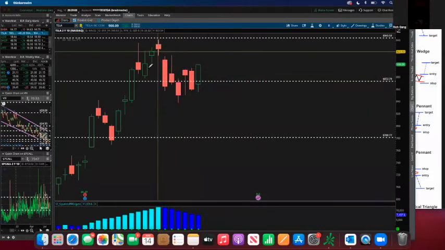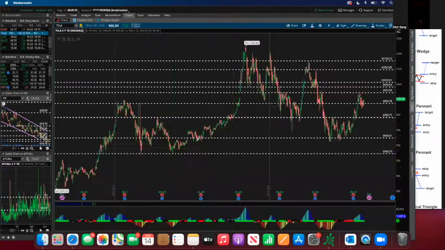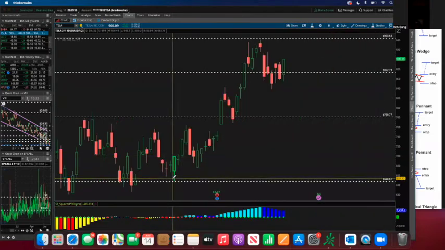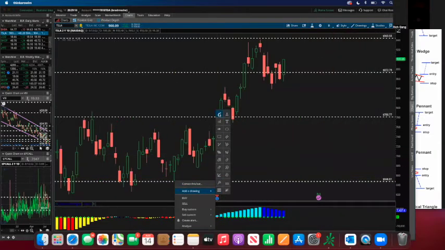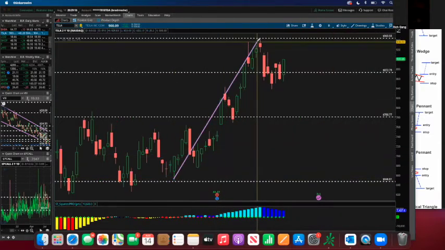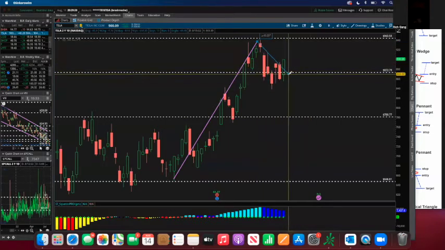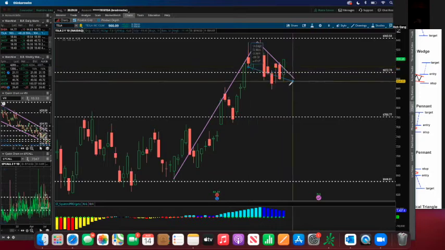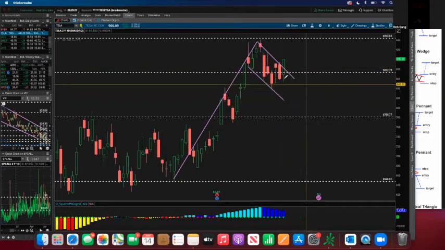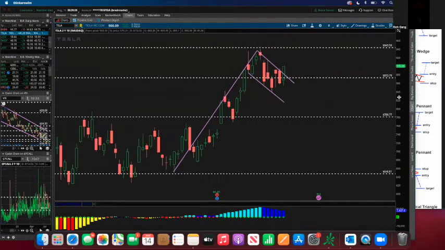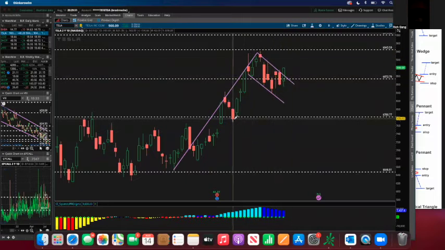You're looking for price to have an impulsive move up, which is what this is, and then some sort of correction. Price comes down, has a little bit of a correction. This is the whole concept of a bull flag.